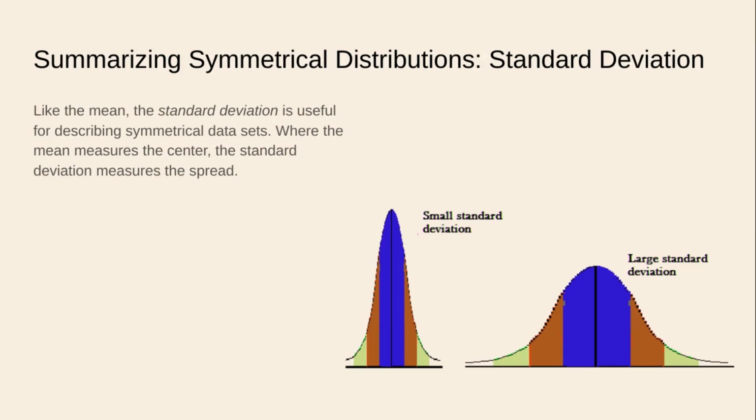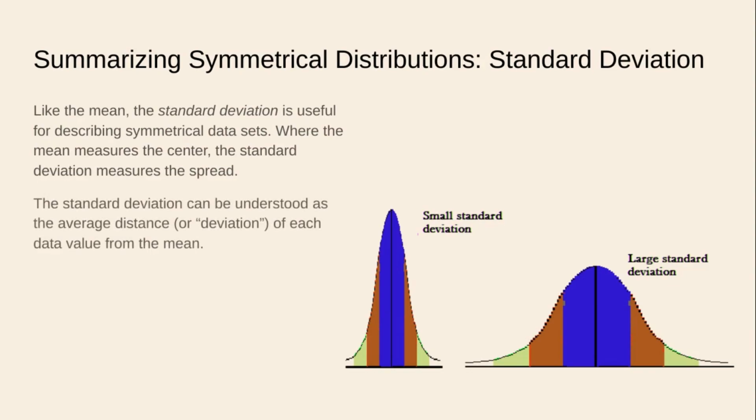This is the best measure of variation in cases like this, where the data are pretty much symmetrical, which happens a lot. The standard deviation can be understood as the average "distance," that is deviation, of each data value from the mean. Now, I use this word loosely, that's why I put quotes around it.